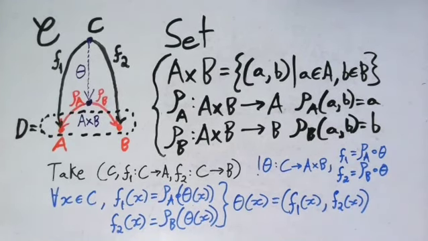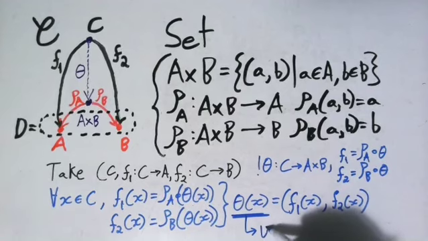And notice that this satisfies these definitions that we need. And also notice that we don't have any choice whatsoever in what we assign to theta of x for any x, right? So what this is telling us is that theta is actually a unique mapping.